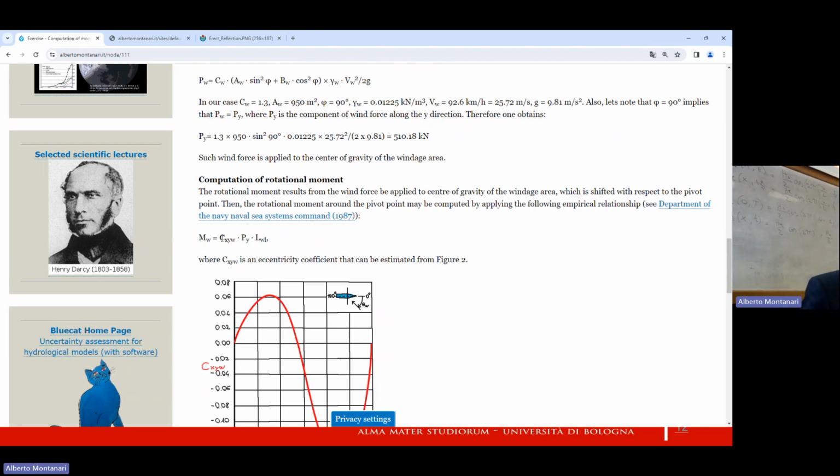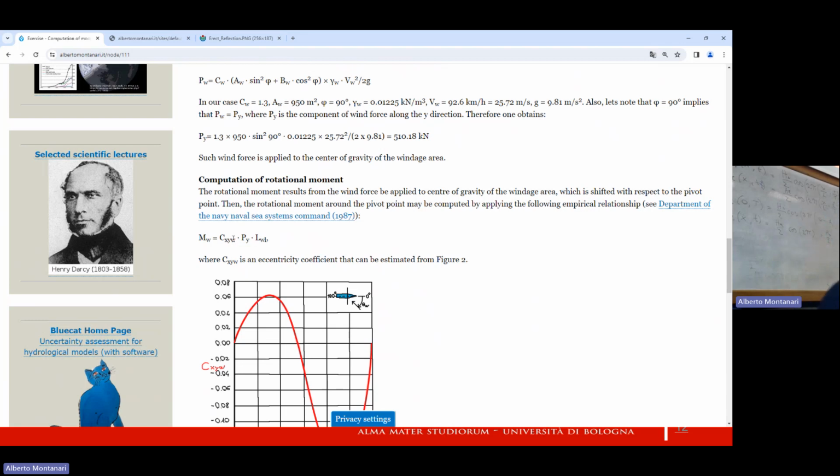In order to compute the eccentricity, we need to take the length of the water line and multiply it by the coefficient C XYW, which is the eccentricity coefficient.